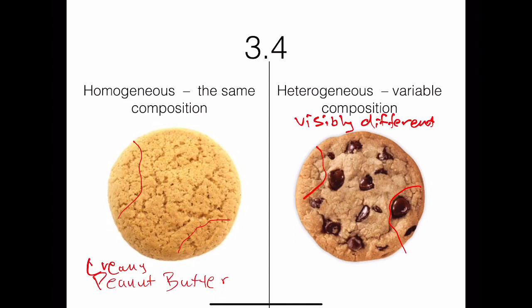I could take a bite from here and get 0 chocolate chips. So the composition is going to vary based on the place that I take that bite from. If we're using our peanut butter example, remember homogeneous would be creamy peanut butter, so heterogeneous might then be crunchy peanut butter. Maybe one bite that I would take would have 0 bits of peanuts, and another bite would have a few more peanuts in it.